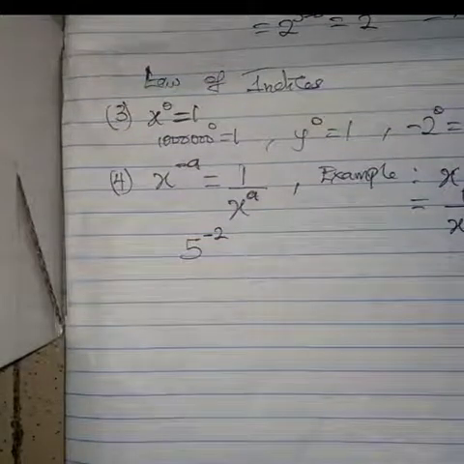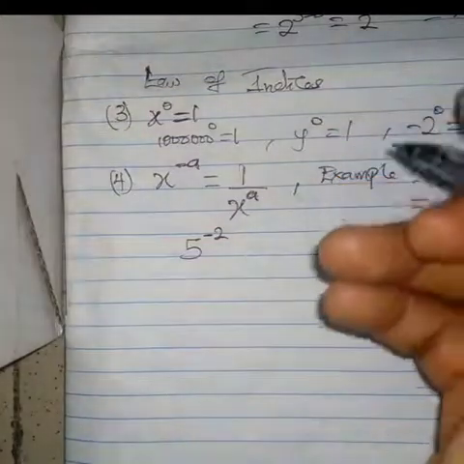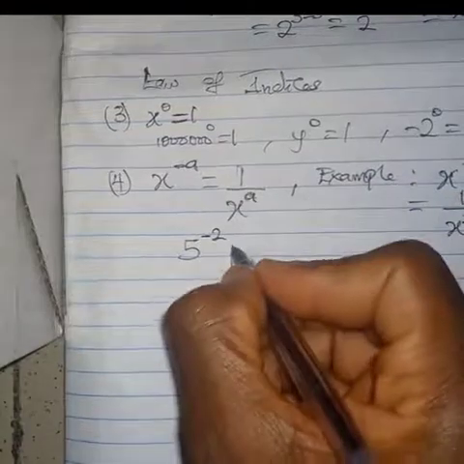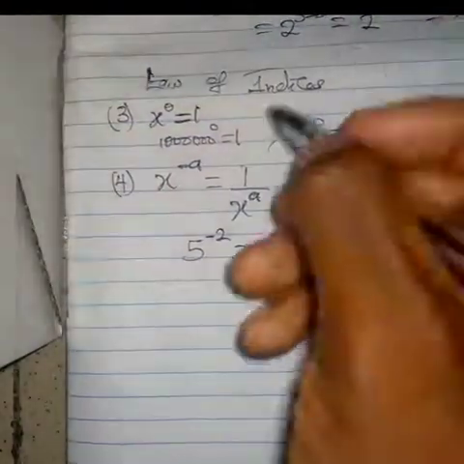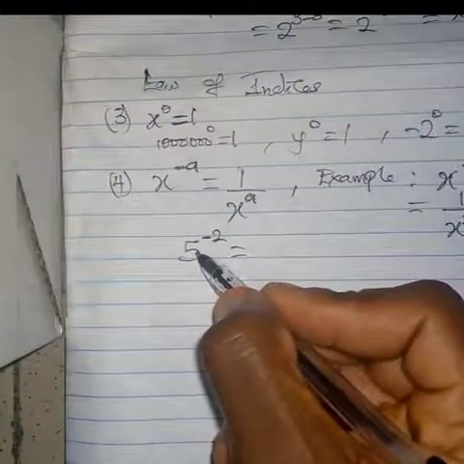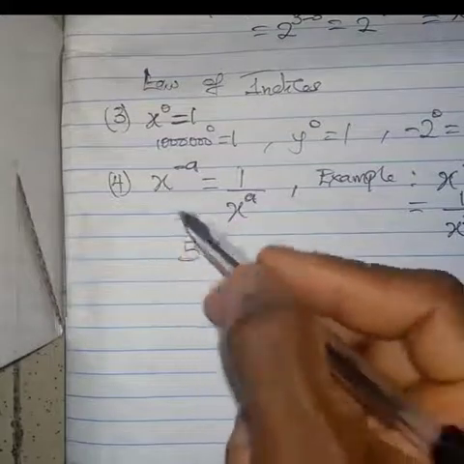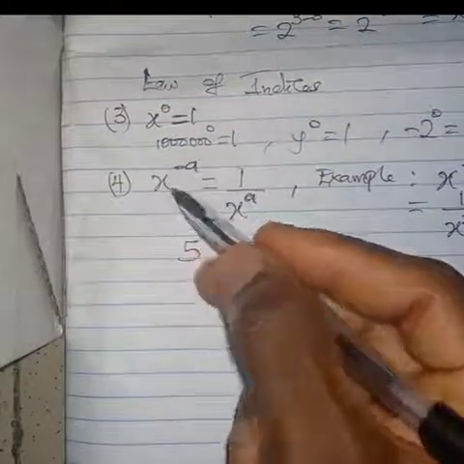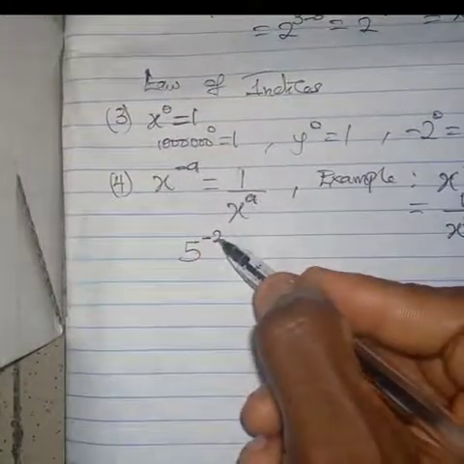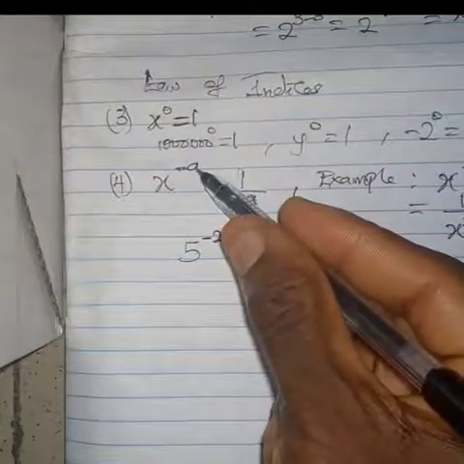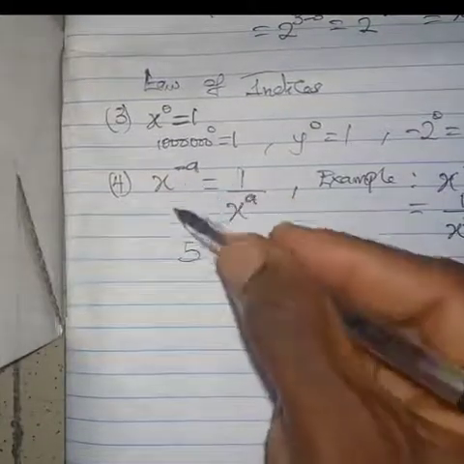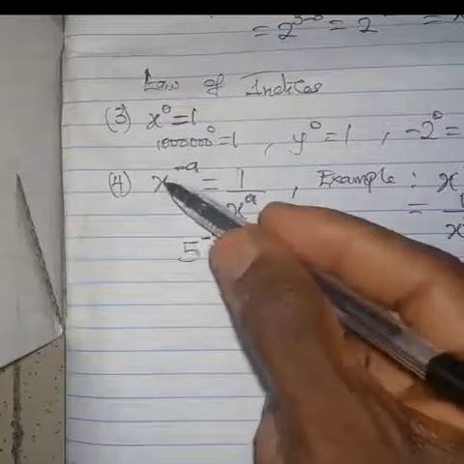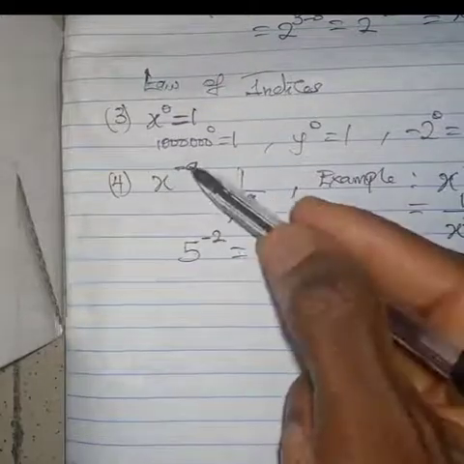5 raised to the power of minus 2. All you just need to do is follow the rule, right? Look at the x here. The 5 here is representing x. You see the 2. The 2 is representing a. While the 5 is representing x, the 2 is representing a.